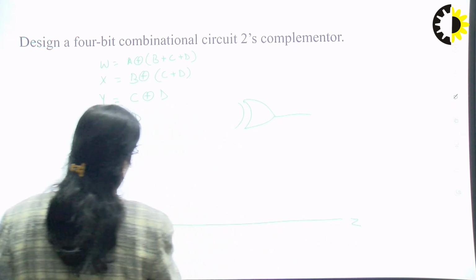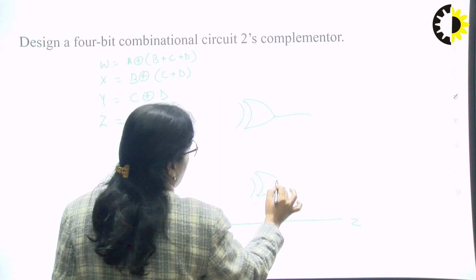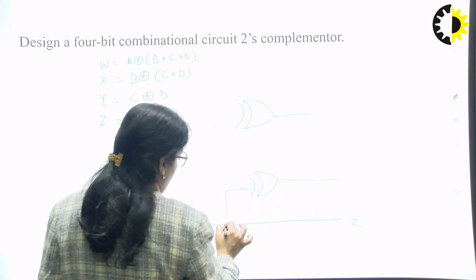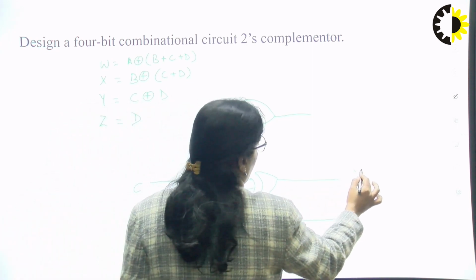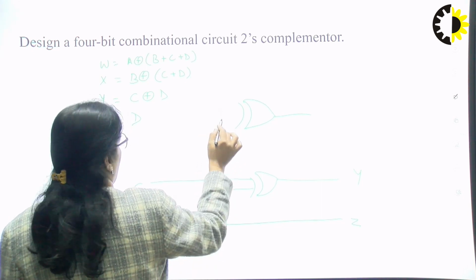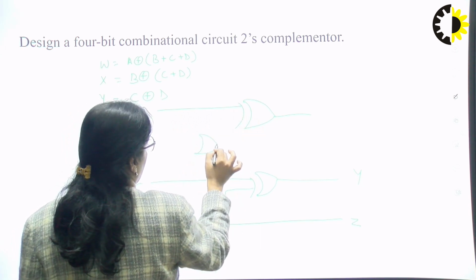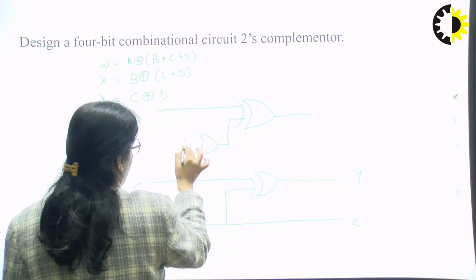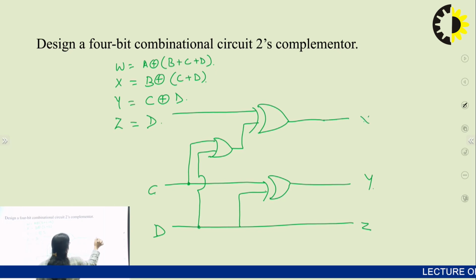So it is D. Then we have an XORing of C and D, where we get Y. Then we have XORing of C and ORing of D. We will have X.